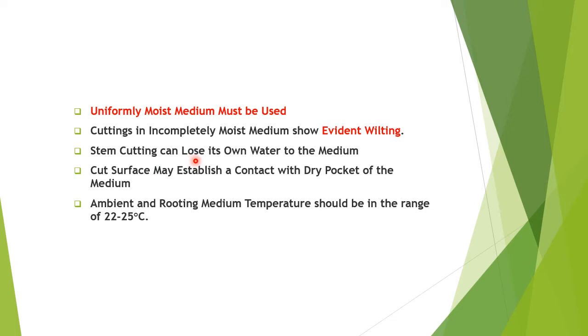If it comes in contact with a dry pocket of the medium, there is every chance that the moisture will be lost from the stem cutting to the soil medium. As a result, the stem cutting will show evident wilting. So you prefer a medium which is uniformly moist.